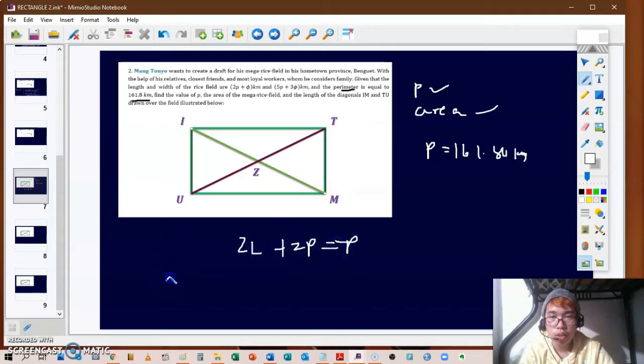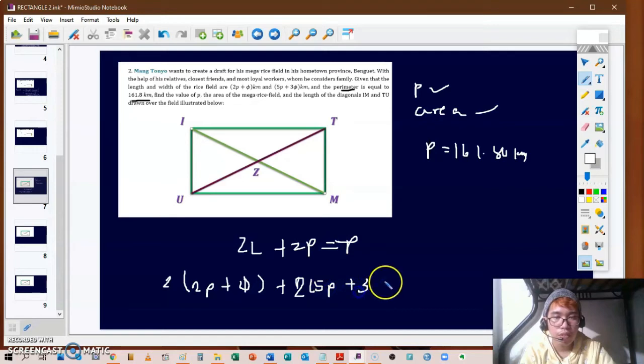That's 2 times the length, 2P plus phi, plus 2 times the width, 5P plus 3 phi, where phi is the golden ratio, equal to 161.8.